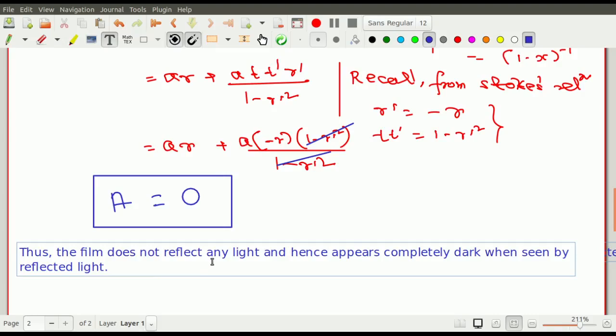So when seen by reflected light it will appear 0. Then where did the light go? The light must have gone to the transmitted beam, right?